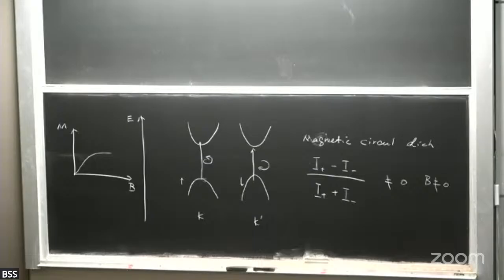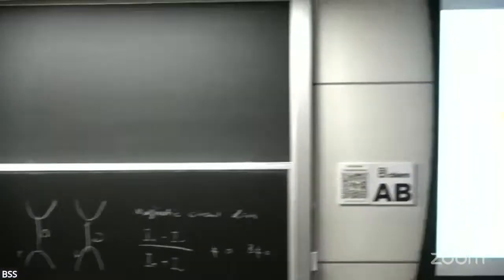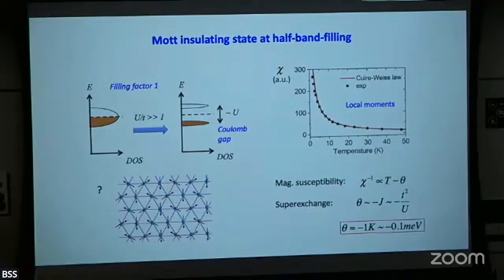We don't see ordering at this temperature, and this is down to 1.6 Kelvin. So I put a question mark: is this some kind of what people usually call 120-degree Neel order antiferromagnetic insulator, or is it something else? So this requires maybe a little bit more theoretical study.